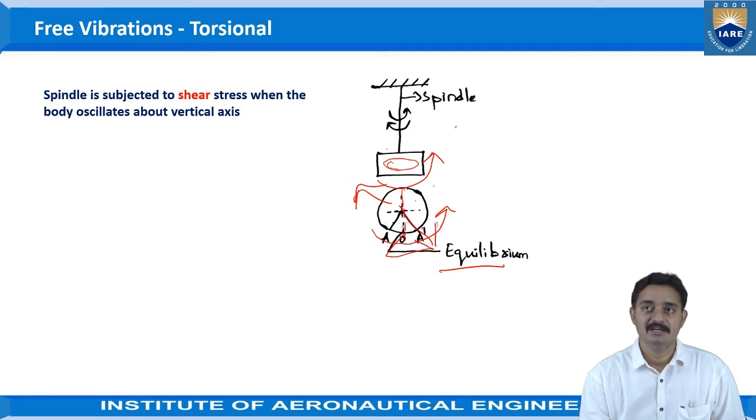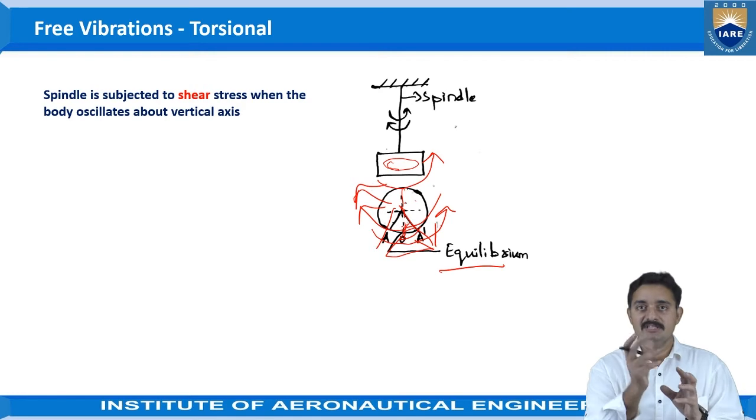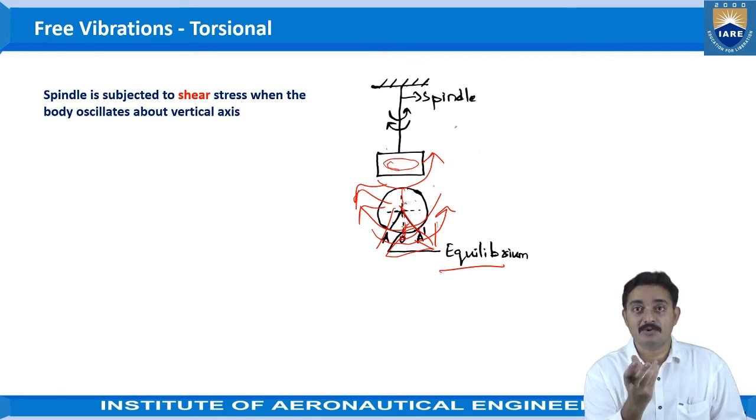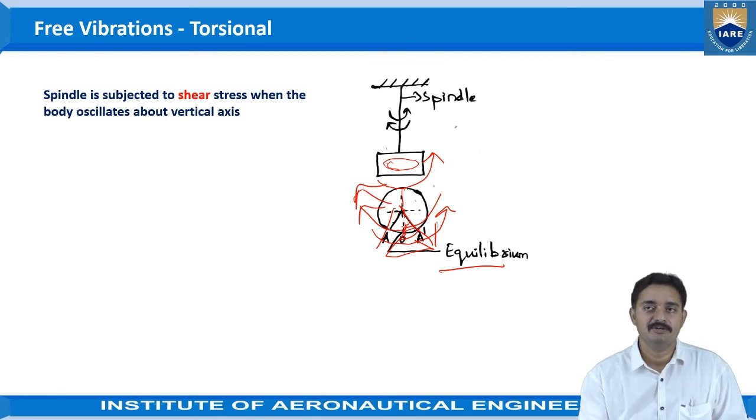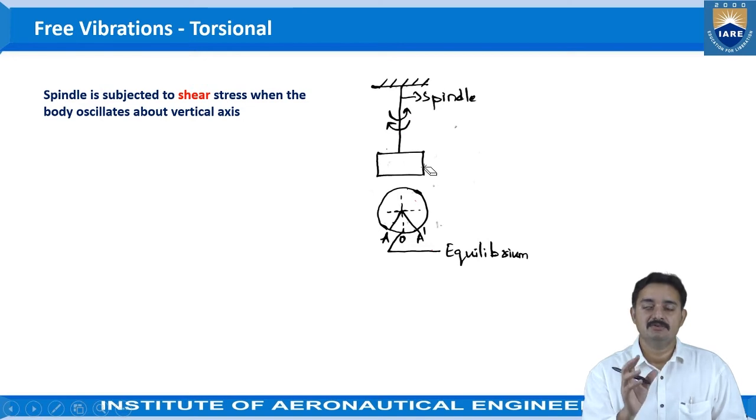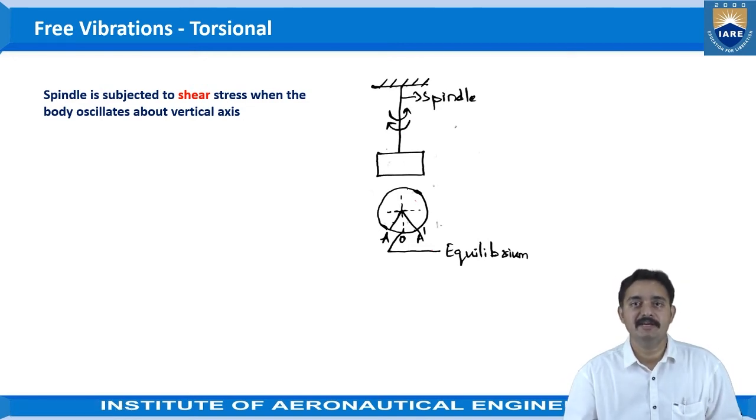Then it won't come back and stay here. It will move in this direction until here, right? In this way, it will rotate in to and fro motion, and the spindle will be in twisting action. That type of vibration is called torsional vibration, where the spindle is subjected to shear.